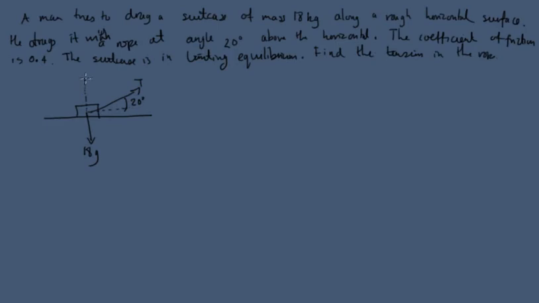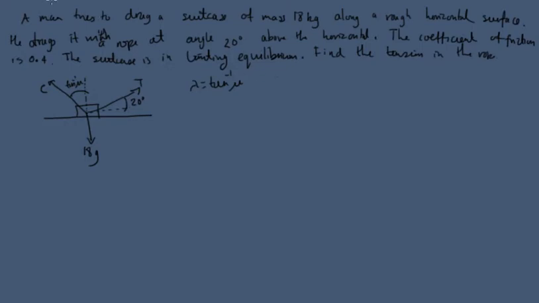This would be our normal contact force, but remember we're doing C, and this angle here will be given by the coefficient of friction. So remember, lambda equals inverse tan of mu.